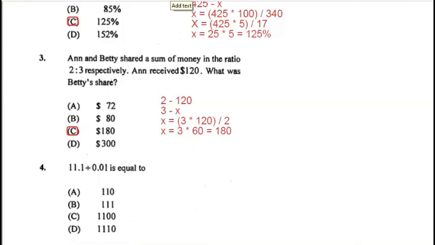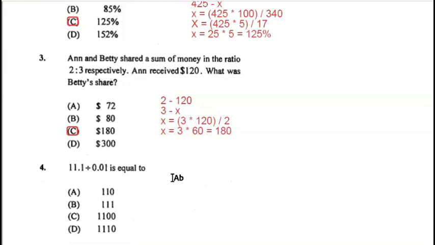Number 4, 11.1 divided by 0.01 is equal to. So with the divisor, we'll be moving the decimal point 2 places to the right to make it a whole number, so we'll get 1. But if we move the decimal point in the divisor 2 places, we're also required to move the decimal point in the dividend 2 places as well.